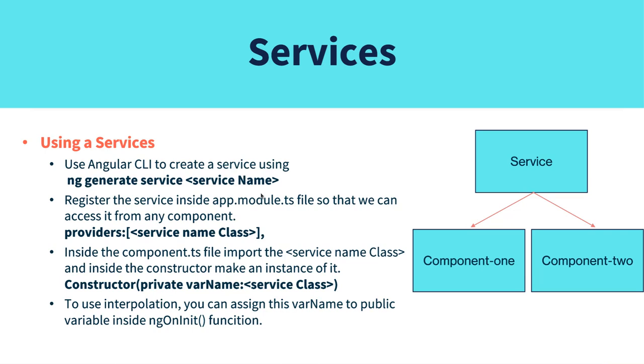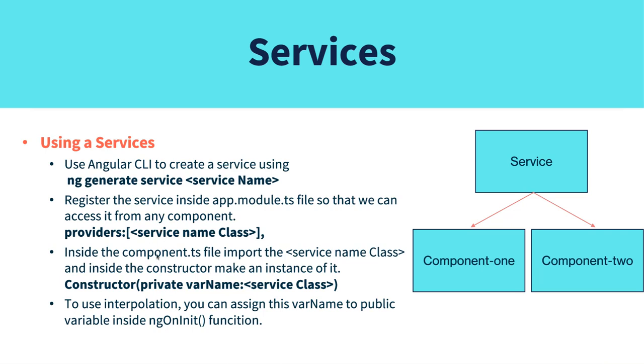Then we also need to register this service in the app.module.ts file. There in the providers, we gave the name of the service class and also imported it at the same time.